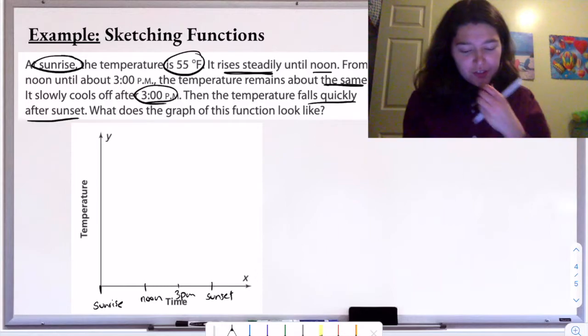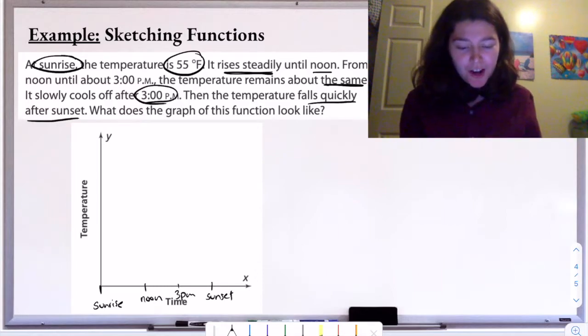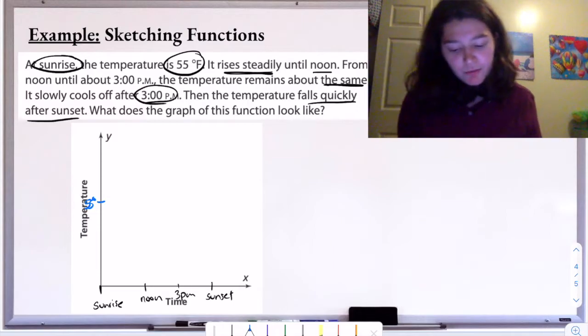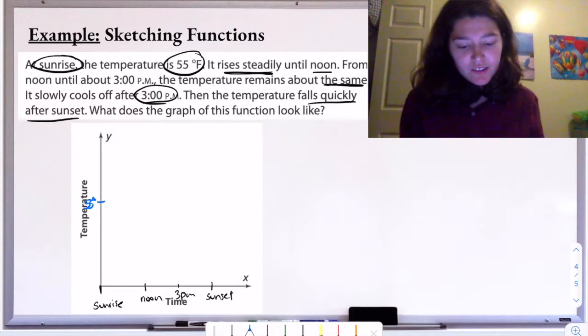Okay, those are kind of the time things, and we're just trying to describe what's happening to the temperature, right? At sunrise, we're at 55 degrees. Again, I don't really need to label it, but I think it would be helpful. We're starting at 55 degrees.